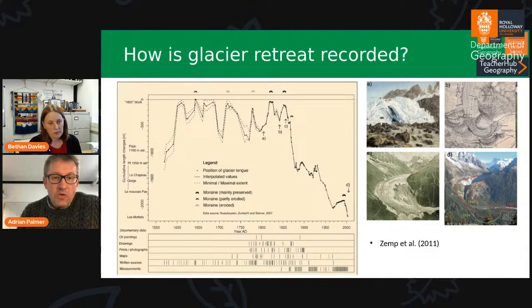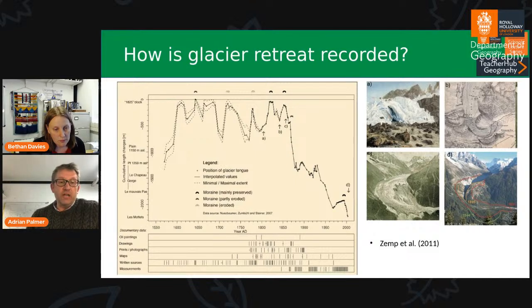But what you can see is that there are direct measurements that have been made perhaps over the last century. So you can see there's a dense plot of bars across the bottom of the chart on the right hand side.